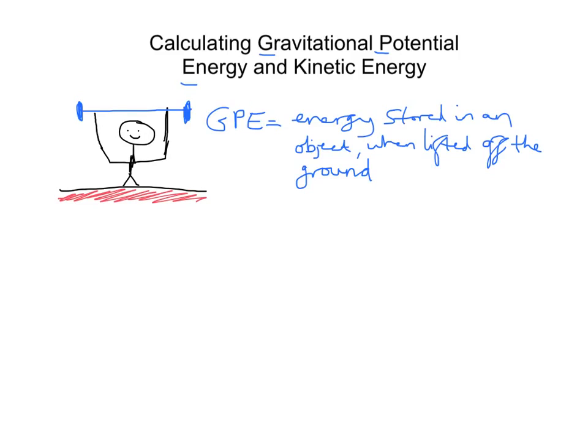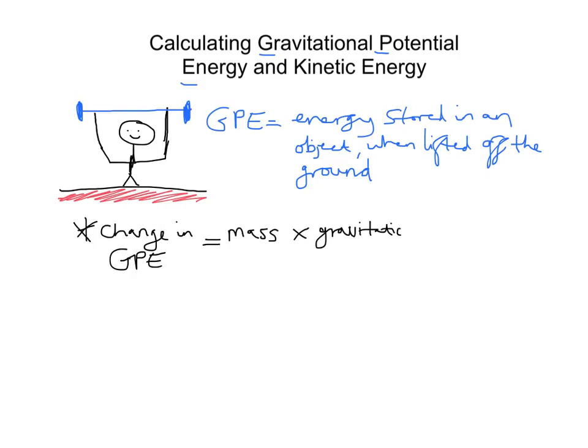So GPE, if we were to put the formula in place for this one, or more specifically the change that we get in gravitational potential energy, would equal the mass of the object times our gravitational field strength.